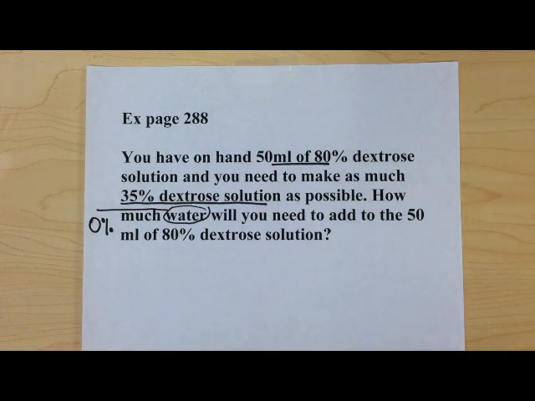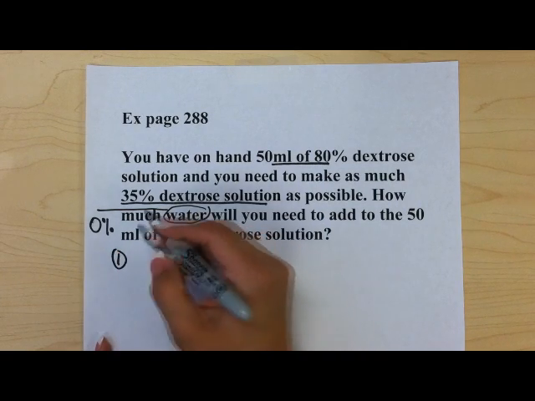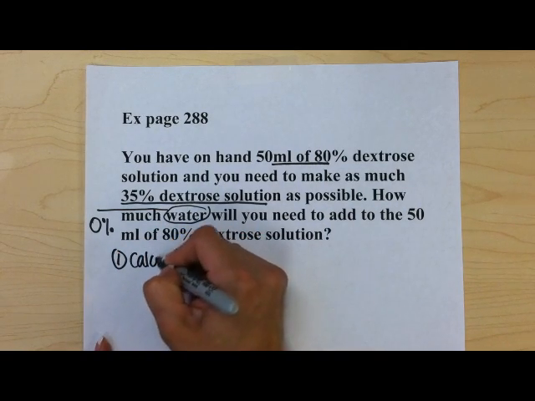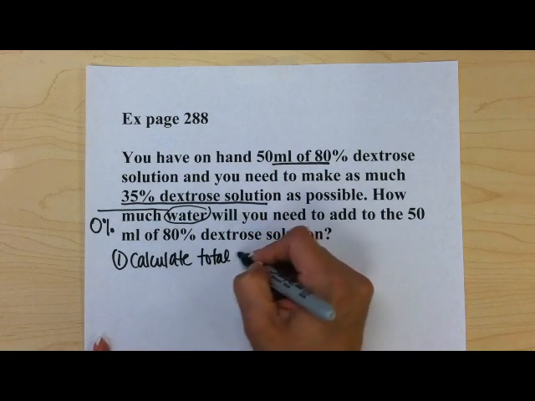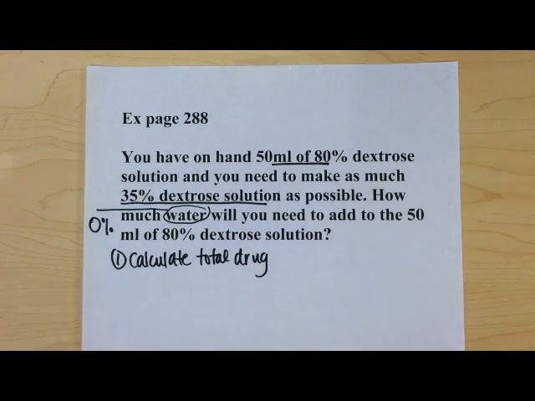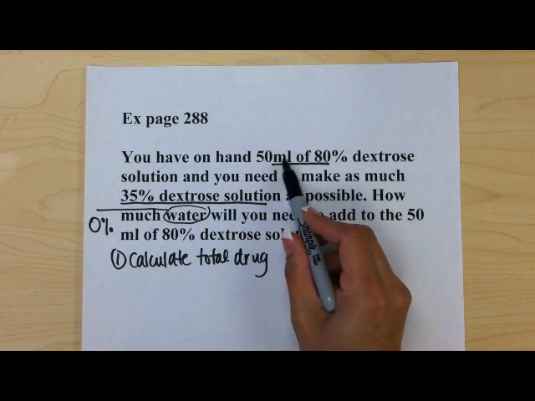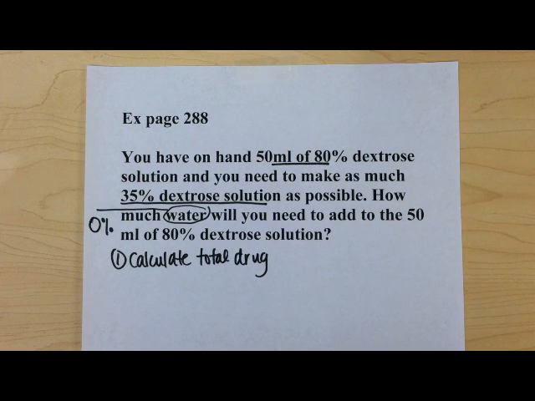And if you recall from those types of problems, the first thing that we did was calculate the total drug present. And in order to do that, we're going to zone in on the 50 mils of 80% dextrose.